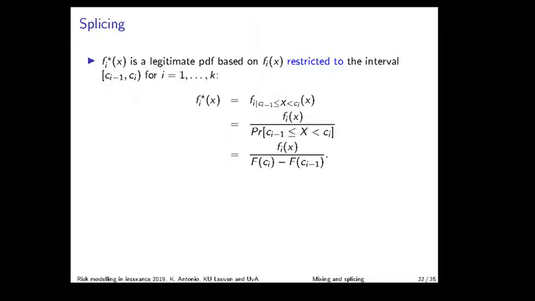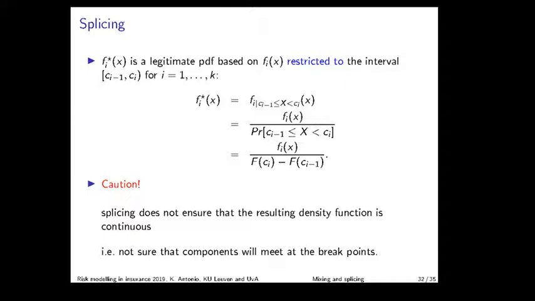So eventually you get a density that is defined on the interval between c(i-1) and ci, and that takes a value 0 outside of this interval. It is important to be aware that splicing does not ensure that the resulting density function is continuous. That is, it is not guaranteed a priori that components will meet at the breakpoints. And the breakpoints are those points c1, c2, and so on, where we glue the components together.